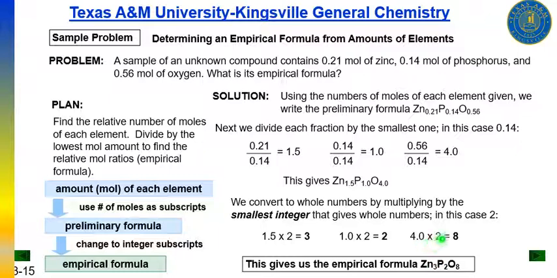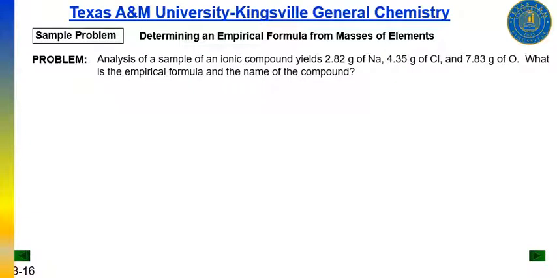Oxygen 4 times 2, 8. Zn3P2O8 actually will be Zn3(PO4)2. This is called zinc phosphate. That's how you determine the empirical formula if you know the moles.